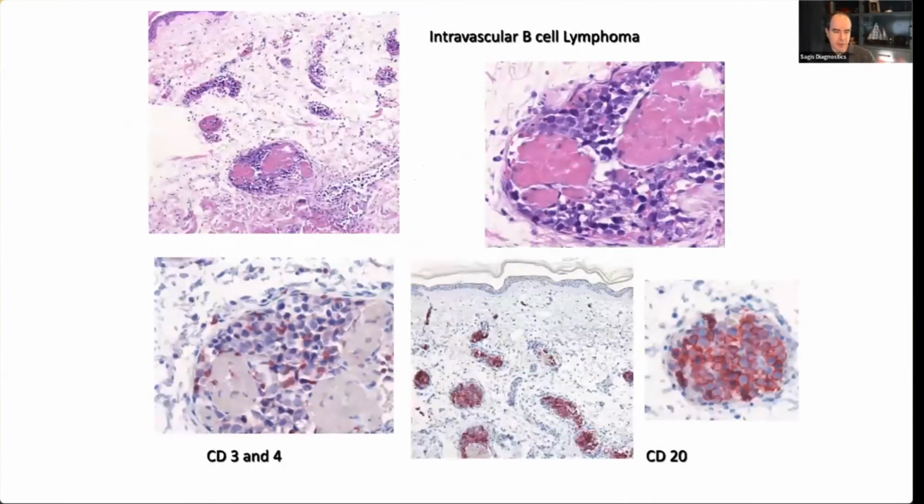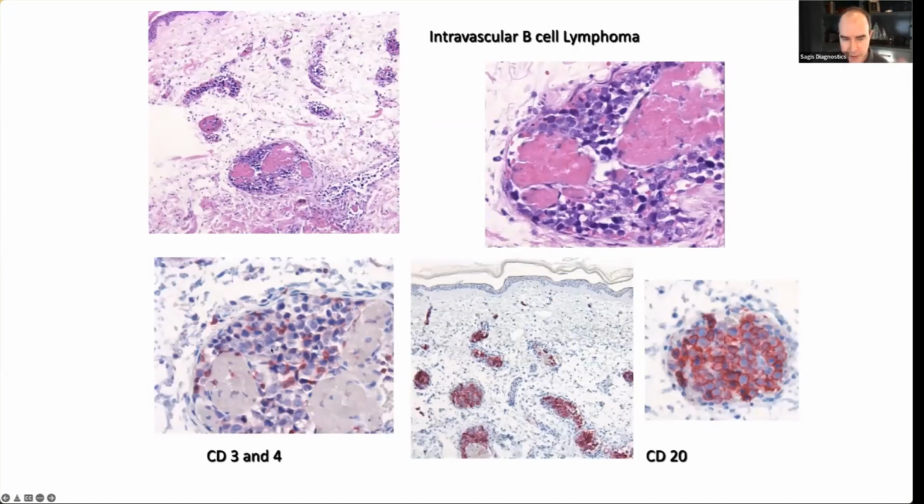So here's an example of using this for lymphomas. So here we have atypical lymphocytes. Many of them are in an intravascular location. This is a very interesting case. They're enlarged with irregular nuclei. We throw on a CD3 and 4, which is negative, and we also throw on a CD20, which is positive.